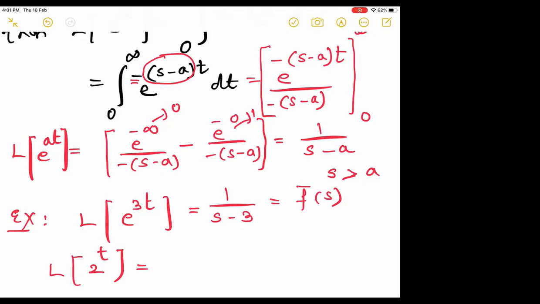Because we know the formula for the exponential term, e raised to at. So can 2 raised to t be expressed as an exponential term? Is it possible? You know logarithms.